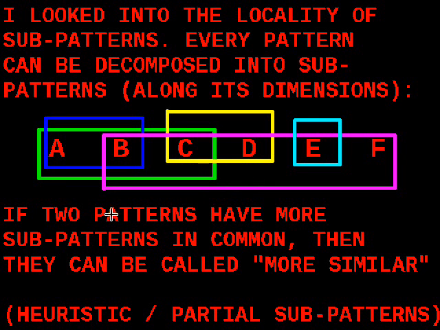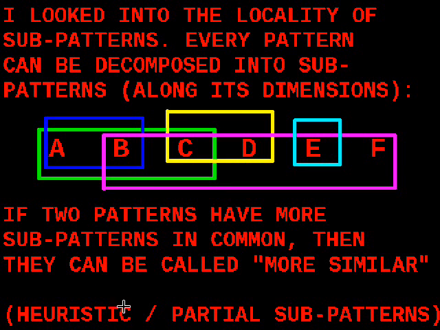So if you're looking at the pattern of A, B, C, D, E, F, you're having here sub-patterns like A, B, or C, D, or even B, C, D, E, F, or just E, anything which can be looked at as local sub-patterns.